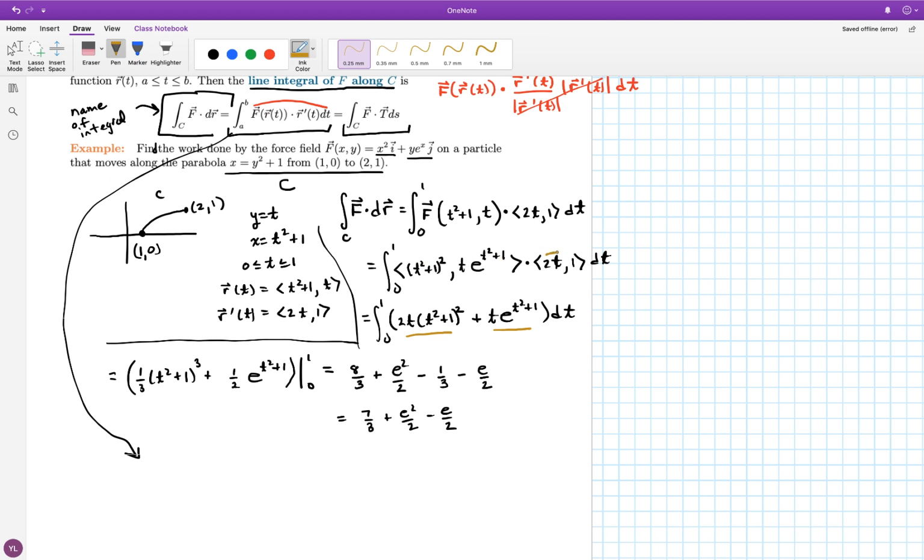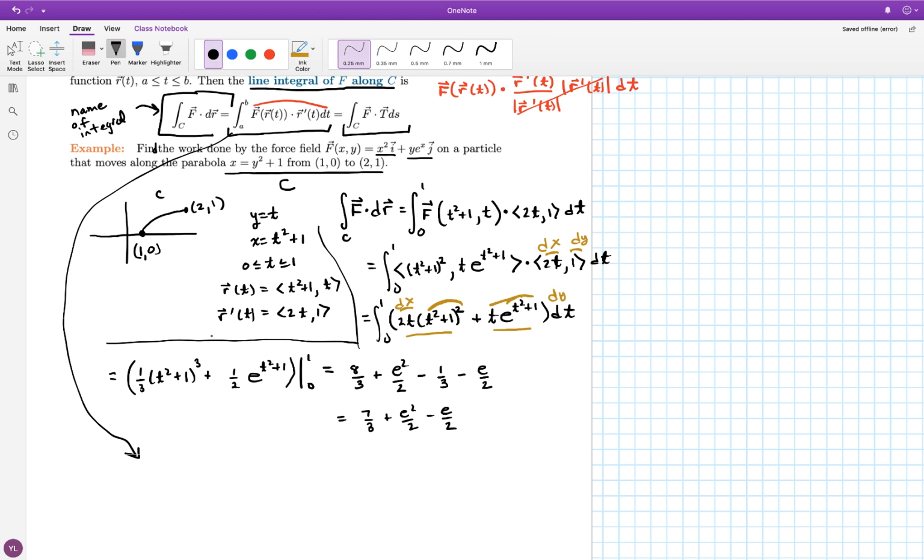Well, this right here is dx, 2t dt is, and this right here is dy, 1 times dt is. And so at this stage in computation, what I have is a function times dx, and then another function times dy. And that's sort of true in general.